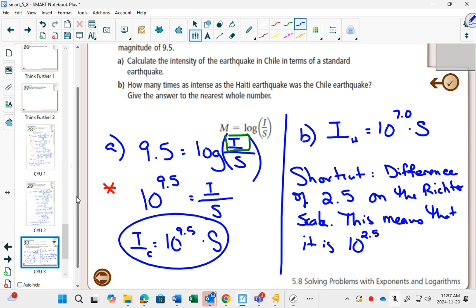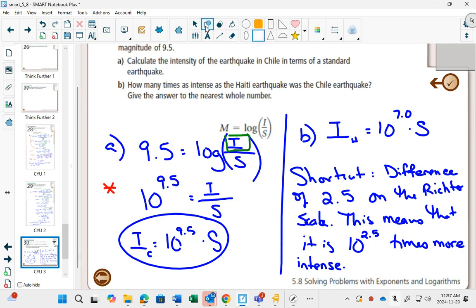So if you went up by 2.5, it would be 10 to the 2.5 times more intense. That's a shortcut for earthquakes. It's really quite straightforward.